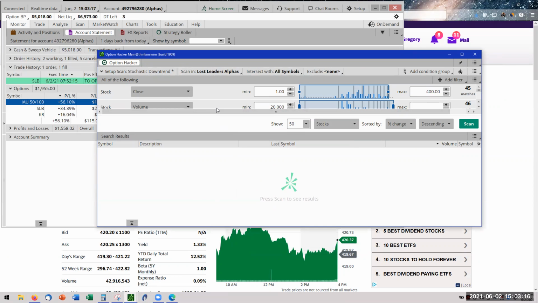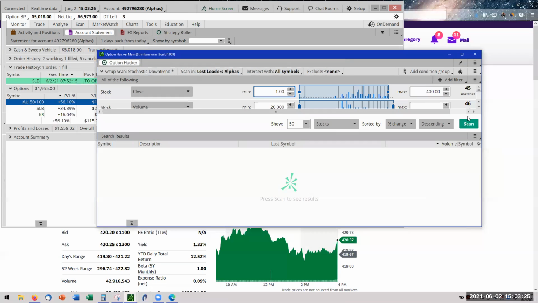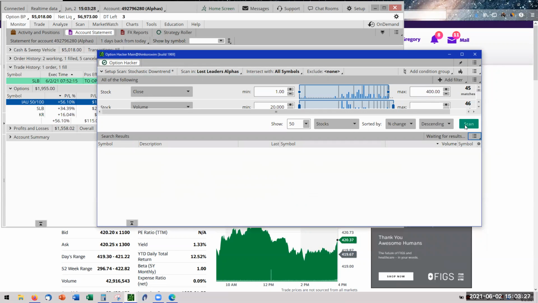Okay. Well, we can't see the whole panel, but do you see right there? There's 20,000 right there. Okay. That said, let's go ahead and run the scanner for the alphas, and there's 46 again, and run it. And nothing. So you see the scanner is not finding anything.